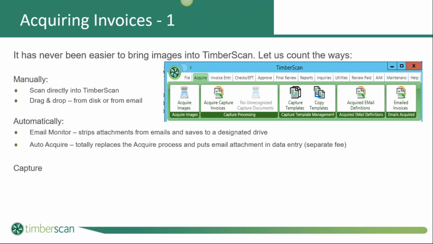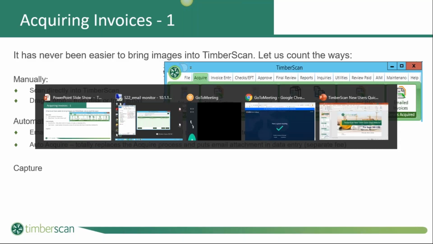In other words, Capture can take that vendor invoice and automatically put it into, after you acquire it, put it into data entry with the coding that you specify on your Capture template. Now, Capture is an additional charge as a fee-based system, but it reads the acquired image and looks for a matching template that you set up.